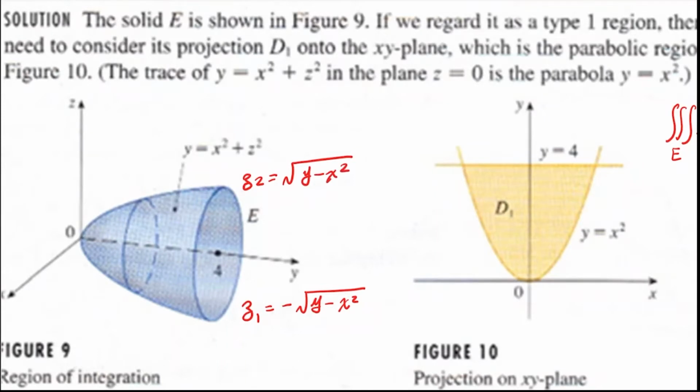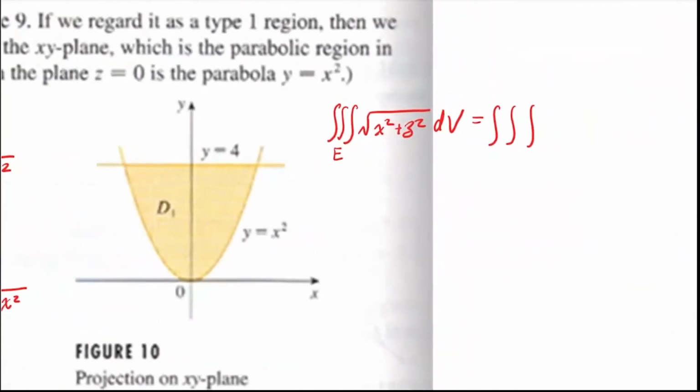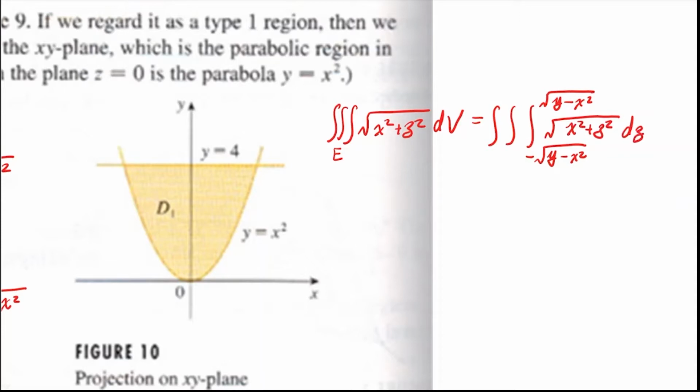Do you see that? This one is that one right there, and this one is this one right here. So our lower limit is negative square root of y minus x squared, and upper limit is positive square root of y minus x squared. You with me? Okay, and we have our function, which is x squared plus z squared, and then dz is done.